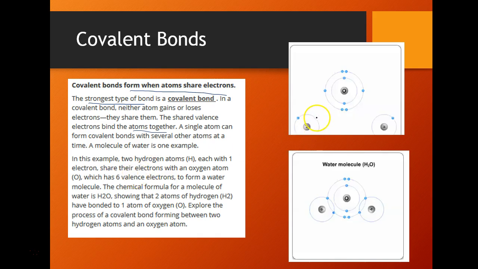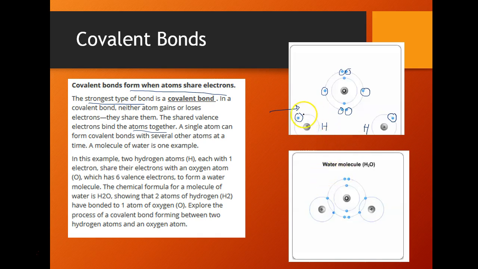One example of this is a water molecule, which we see right here. In this example, we have two hydrogen atoms, which are down here, and we also have one oxygen atom. The hydrogen atoms have one valence electron each, and the oxygen has 1, 2, 3, 4, 5, 6 valence electrons.